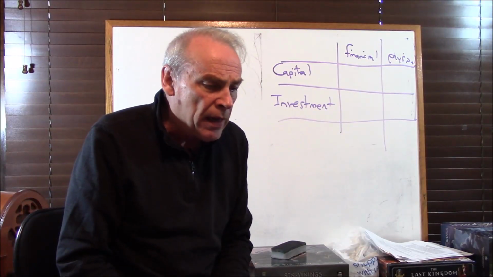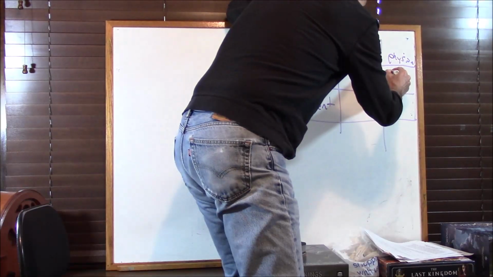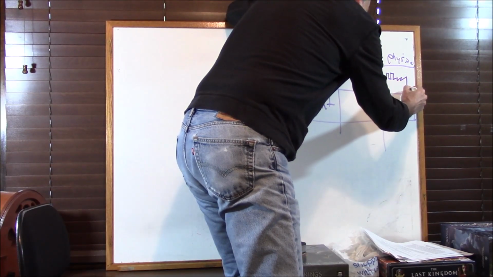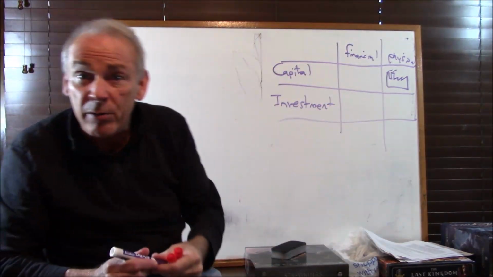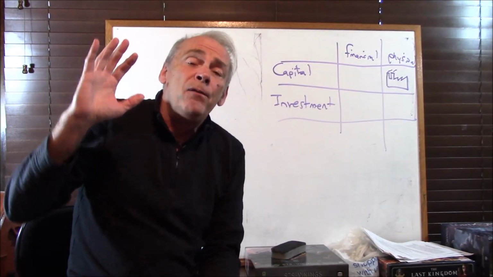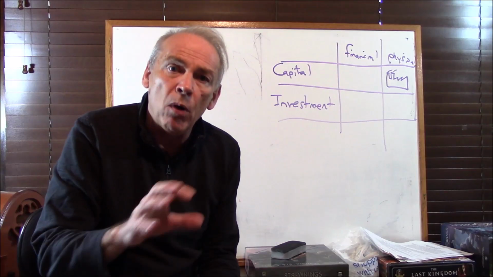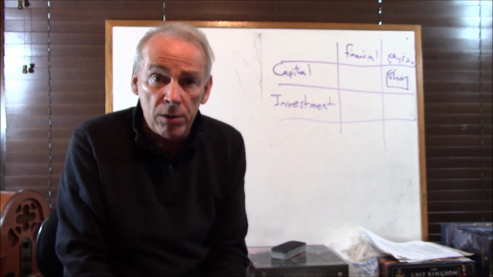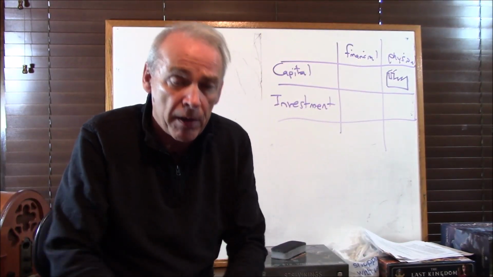Physical capital is, well, here, I'll draw you a picture. There's a factory, all right? Physical capital is anything a firm uses to produce its output, but which does not become part of its output. So like if you go to a restaurant, then the building you're sitting in is part of that restaurant's physical capital.